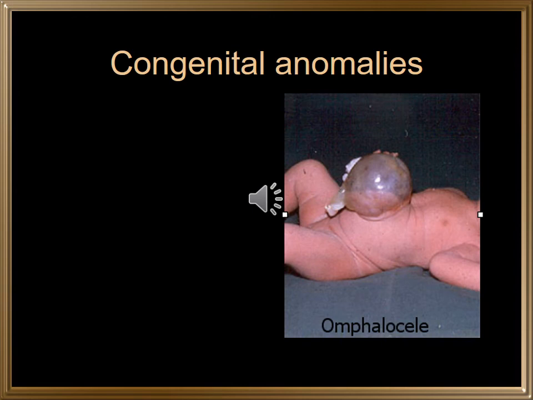Like, for example, after it has herniated into the umbilical coelom and then failed to return, then it will stay in the umbilical cord and the baby is born with large coils of jejunum and ileum projecting at the umbilicus. So this is called omphalocele or exomphalos. Ex is outside, exit is out.